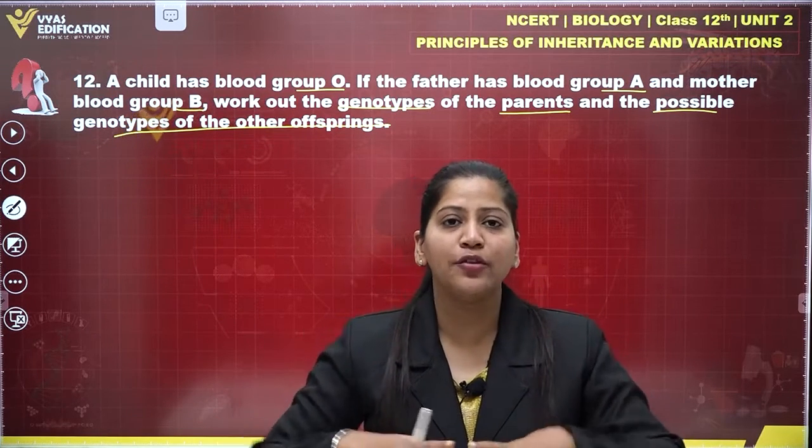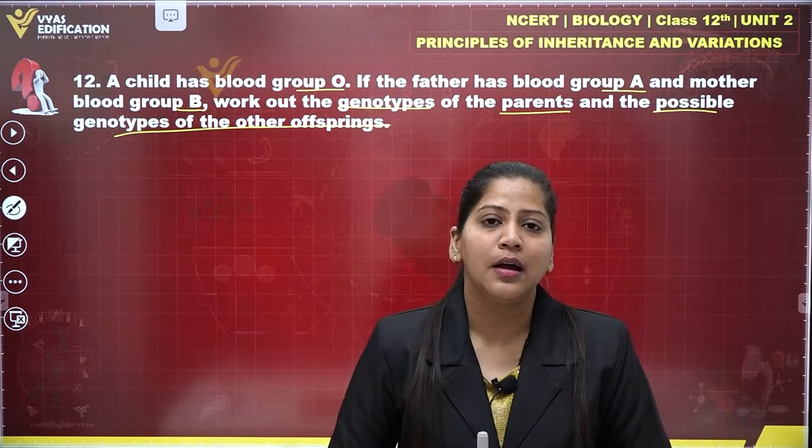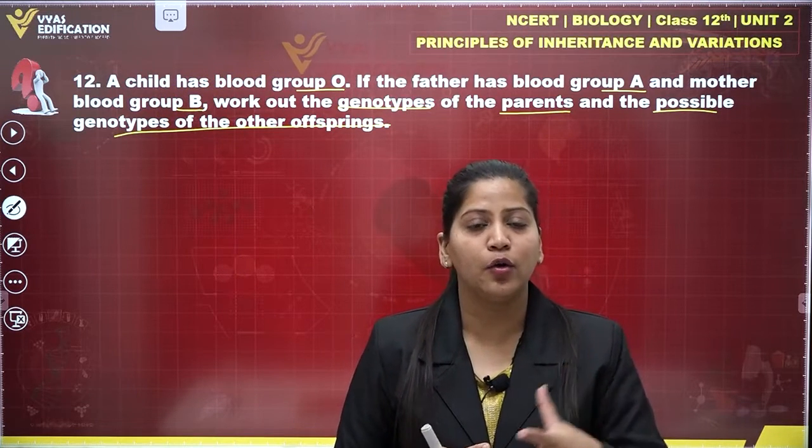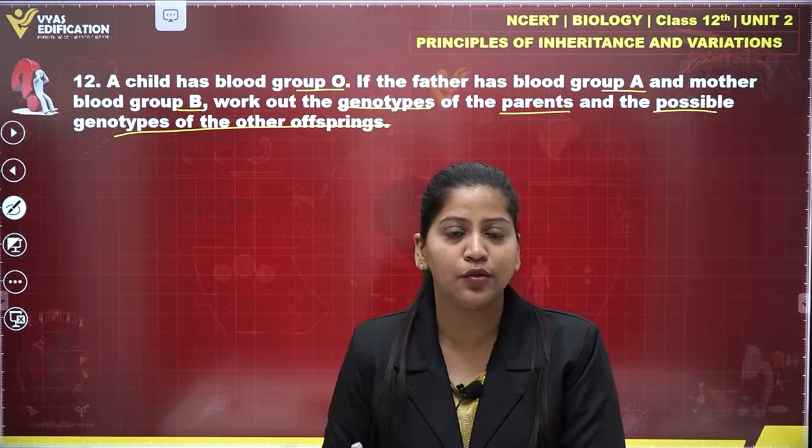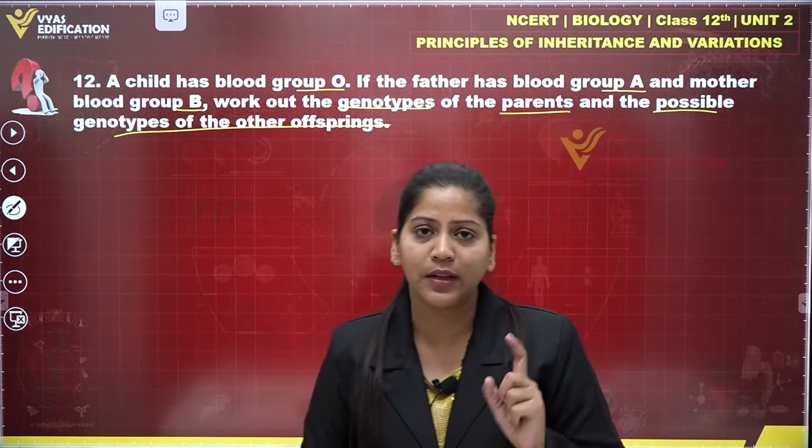So in a population we have three alleles which are able to control the blood group system in human beings, but in an individual only two alleles are controlling the blood group.